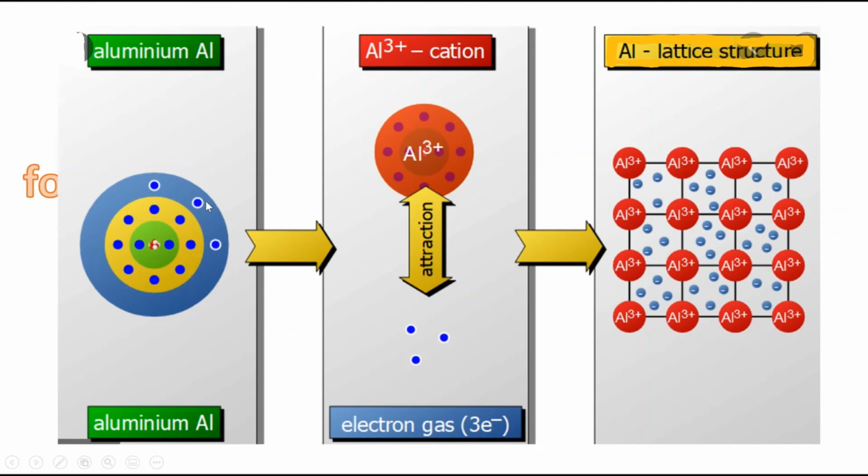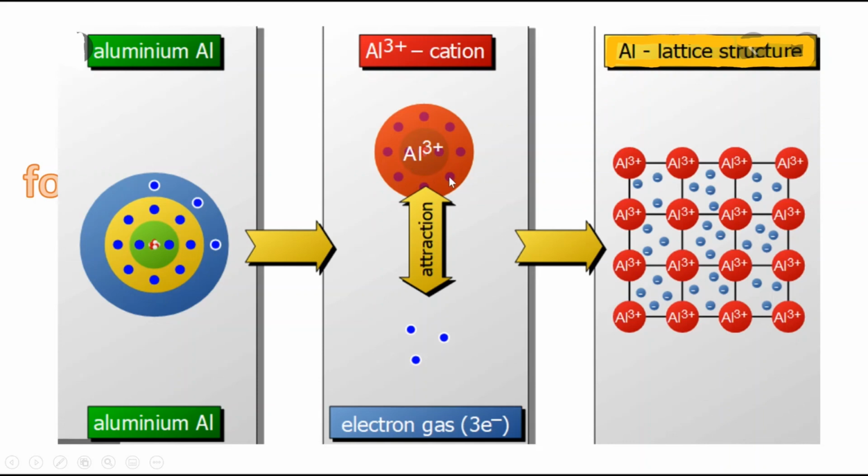These 3 electrons are very unstable for aluminium, and they tend to form the aluminium ion, Al3+. They want to get rid of these 3 electrons because they want to get the noble gas configuration. The nearest noble gas configuration of aluminium is neon.